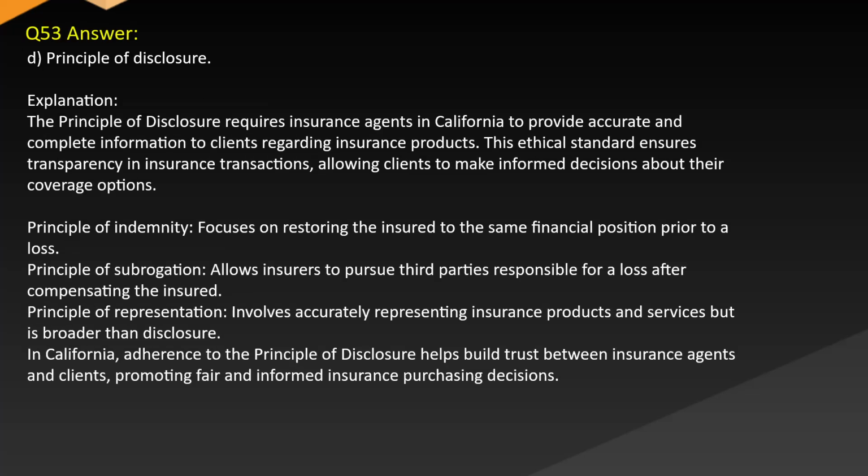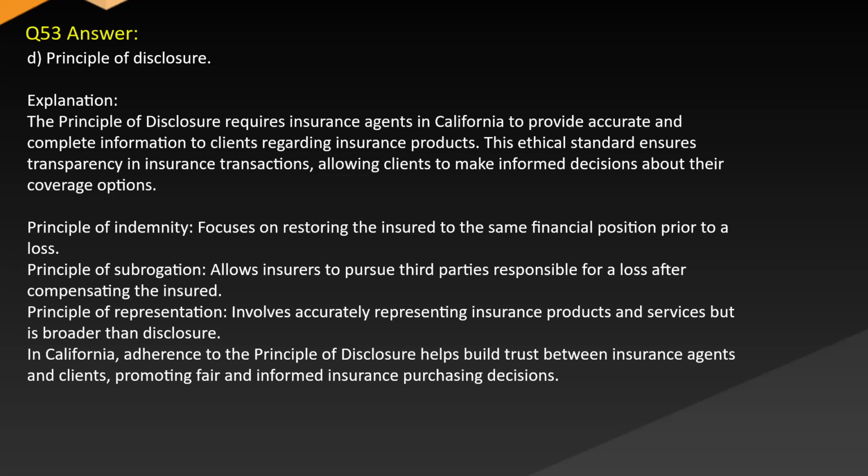Explanation: the principle of disclosure requires insurance agents in California to provide accurate and complete information to clients regarding insurance products. This ethical standard ensures transparency in insurance transactions, allowing clients to make informed decisions about their coverage options. Principle of indemnity focuses on restoring the insured to the same financial position prior to a loss.